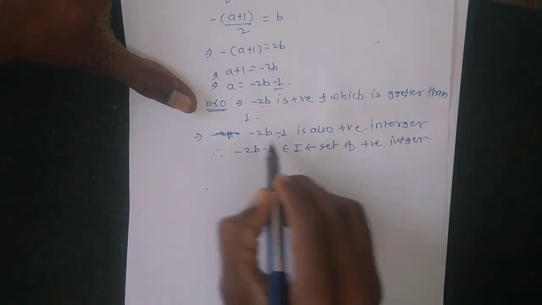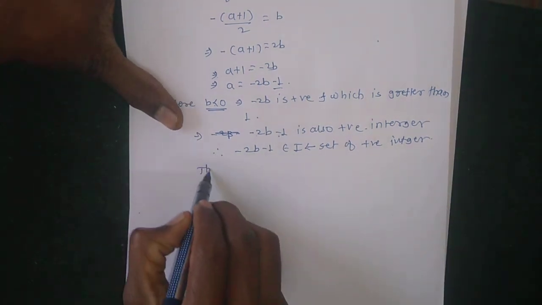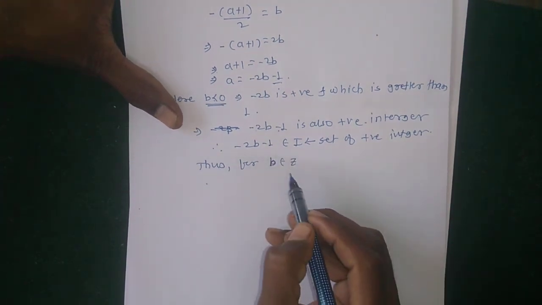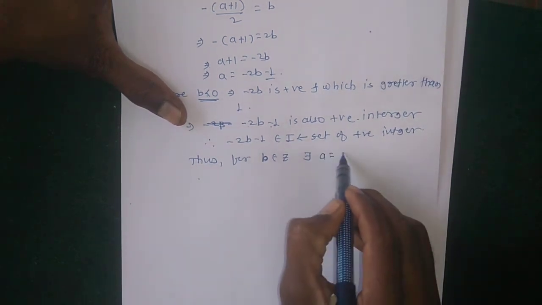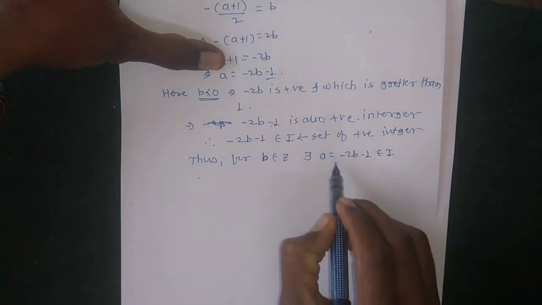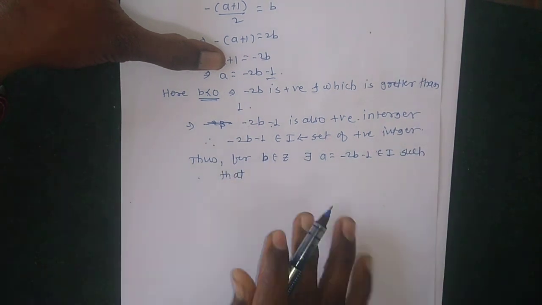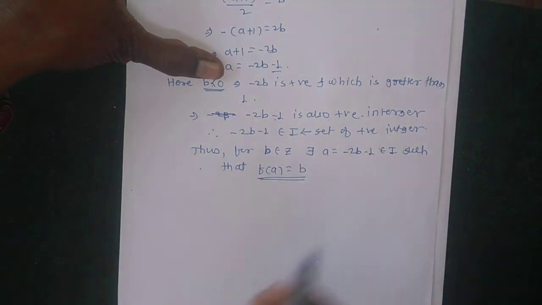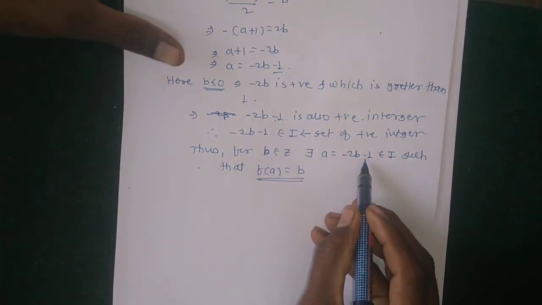I is a set of positive integers, and -2b minus 1 is a positive integer, so it belongs to I. Thus for b belonging to the set of integers Z, there exists a equal to -2b minus 1 belonging to I such that f of a is equal to b.